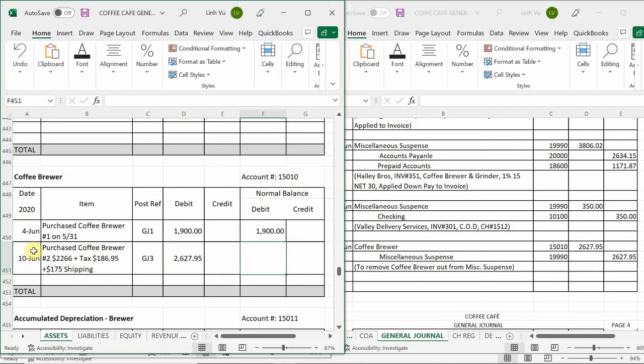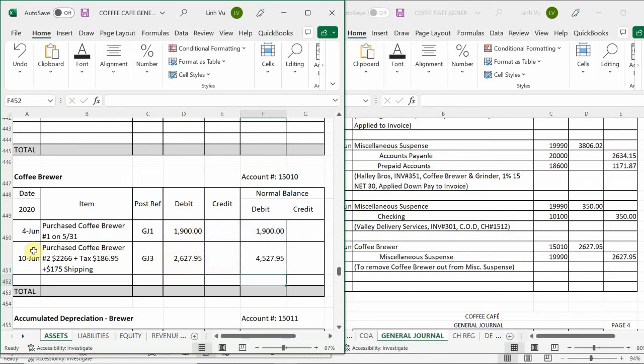How much is your grand total coffee brewers? $4,527.90.